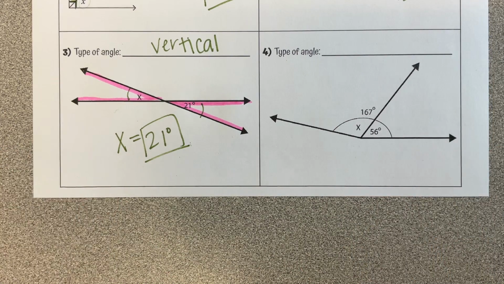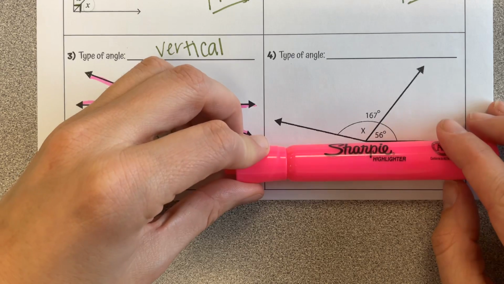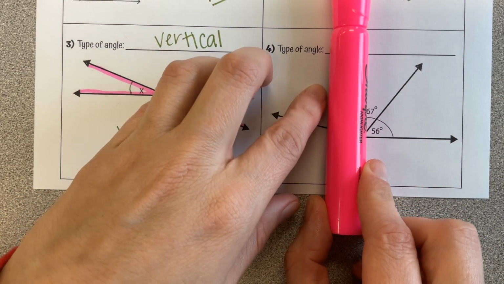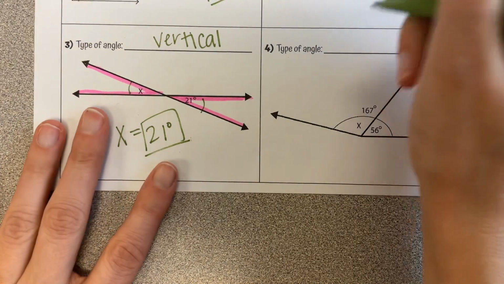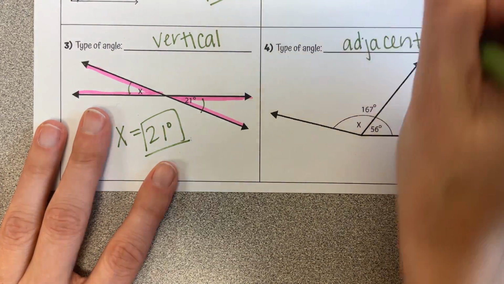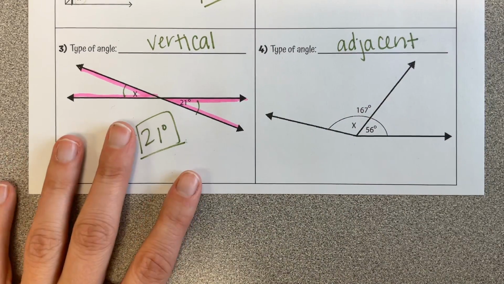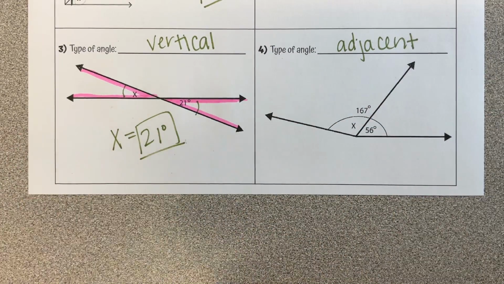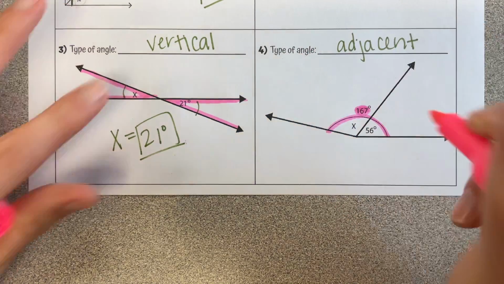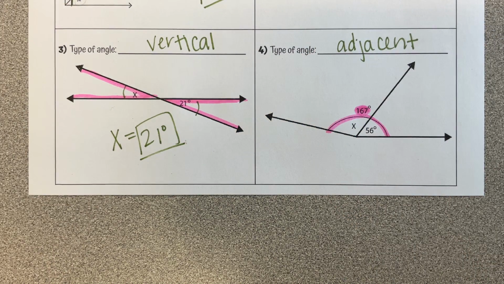Number 4, they don't form a straight line, so it's not supplementary. They don't connect at a 90-degree angle, it's not complementary. So they are just adjacent. They are two angles that are next to each other. So we got to use the information that's given to us. We are given that the whole entire length right here is 167 degrees.